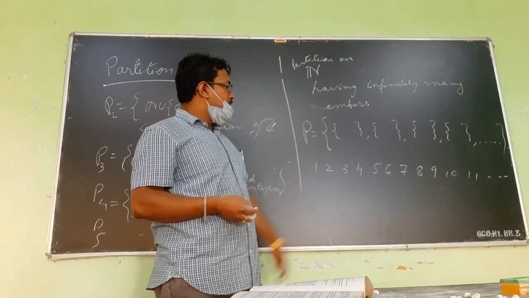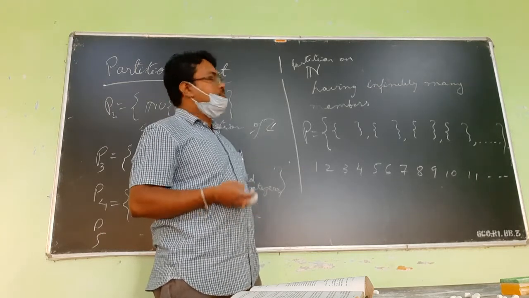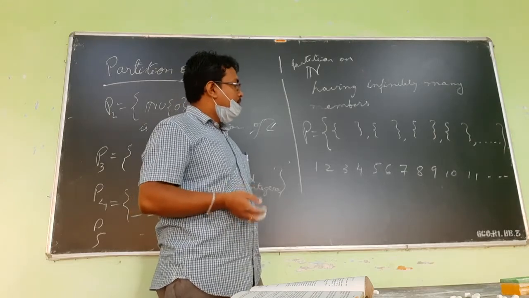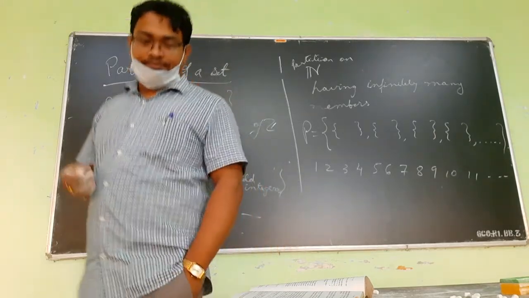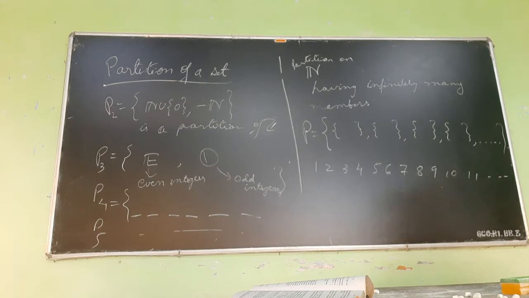Think for some time. Try. Their union is n. Try to write some subsets of n which are mutually disjoint, infinitely many subsets. Okay. And their union is n.